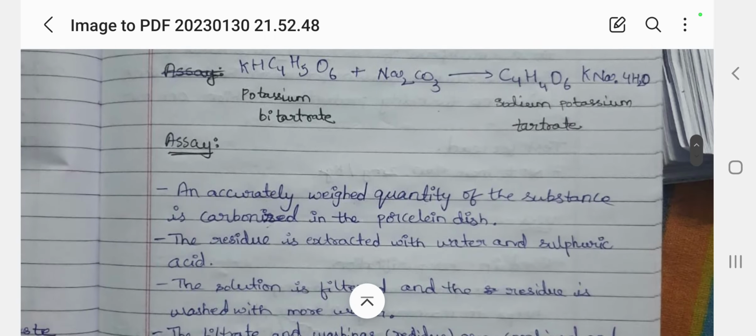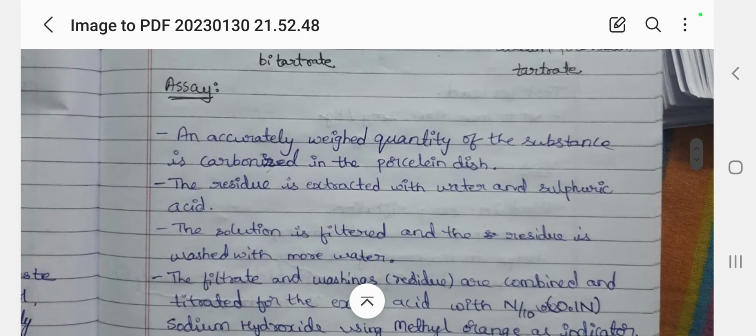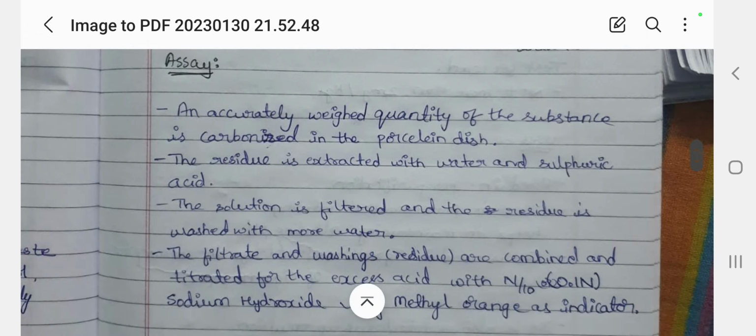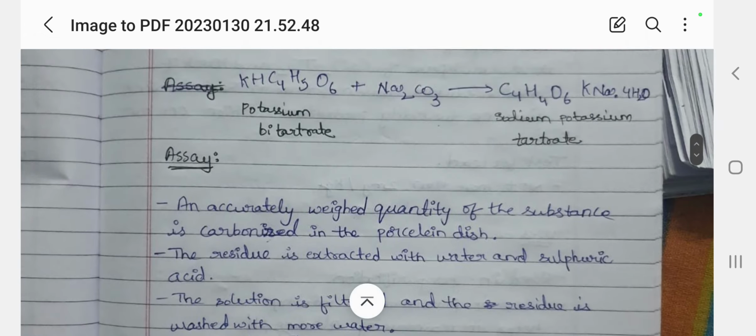So next we will see about the assay. An accurately weighed quantity of the substance is carbonized in a porcelain dish. The residue is extracted with water and sulfuric acid. That means the specified quantity of the substance is carbonized in the porcelain dish, converting it to carbonized form.